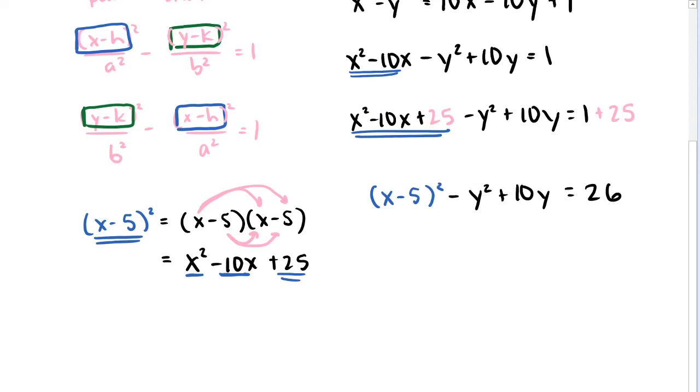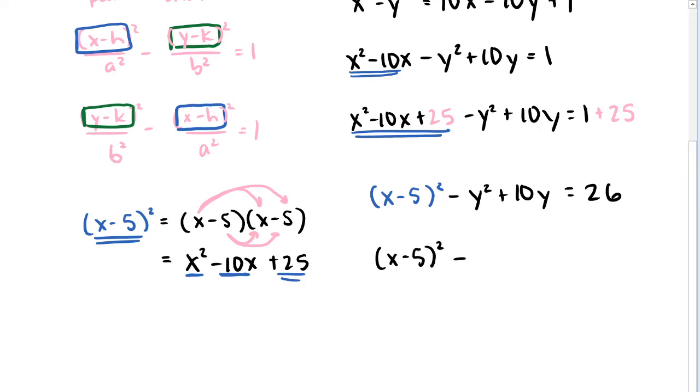And it's really hard to complete the square when we have a leading coefficient for our y squared term that's not 1. So let's factor out that negative sign through the y terms just to make sure we have the easiest situation to work with here. So here, I'm going to rewrite our equation, (x minus 5) squared.